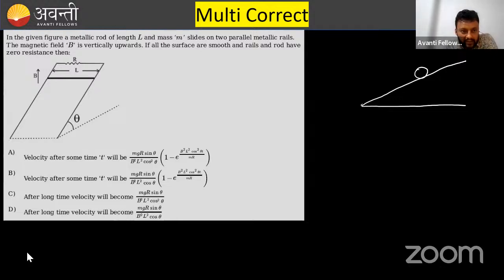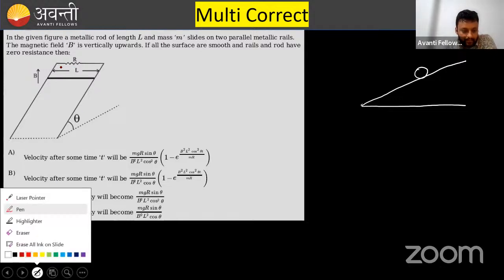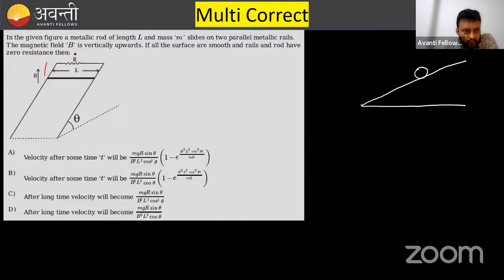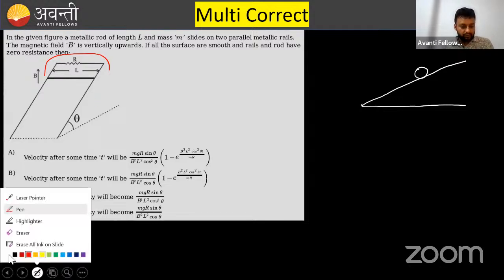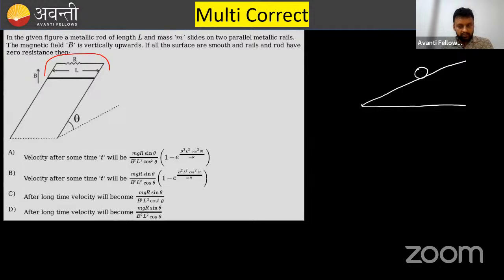It is forming a loop as well. You can see some current will flow through this path. One more thing, some magnetic field is also given, which is in the vertically upward direction. This is the magnetic field. The length of the rod is L.